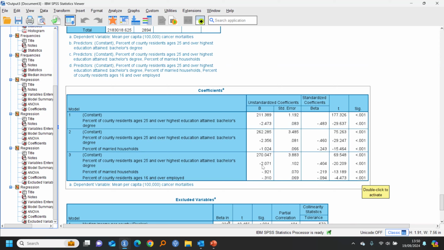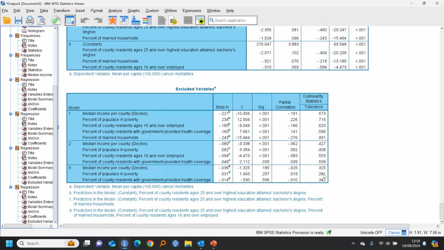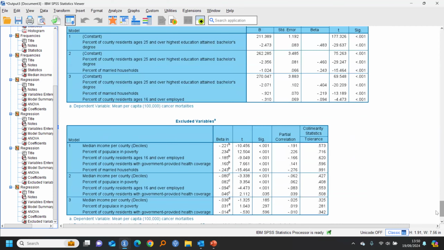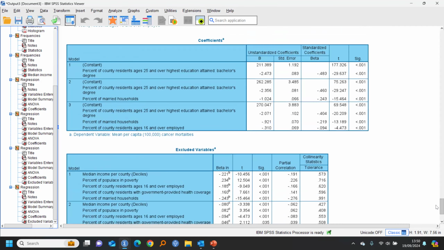These are all negative values, meaning they have a downward effect on the proportion of people dying from cancer on a per capita basis. And if we look at the collinearity statistics in this third model, these values are all healthily above 0.1, so they're all bringing something unique to the model at that stage. So we're trying to say at that point it's not too collinear.